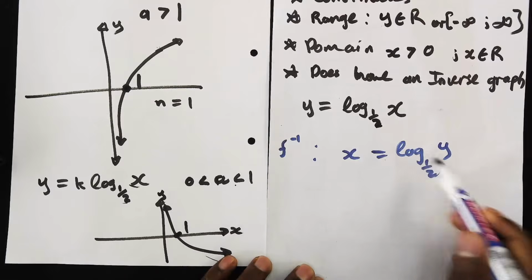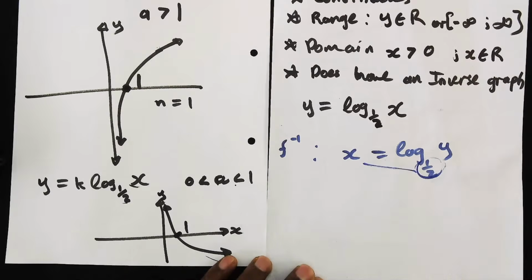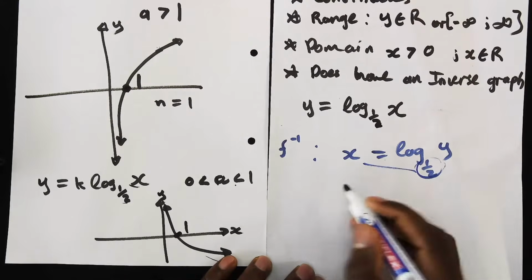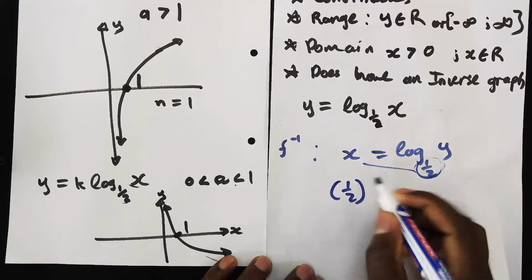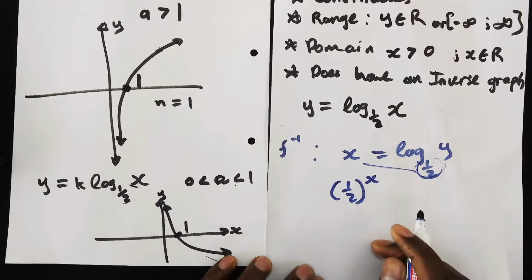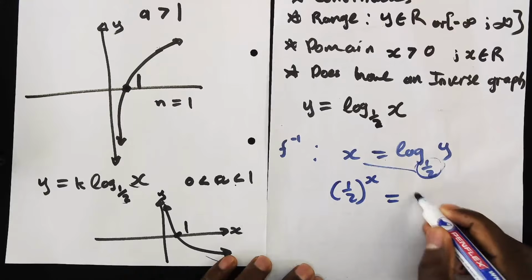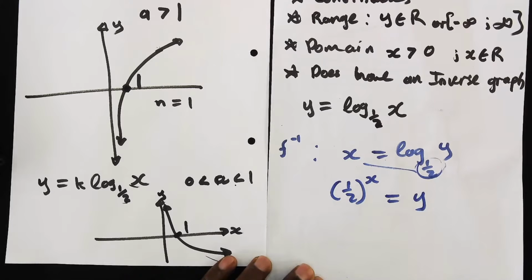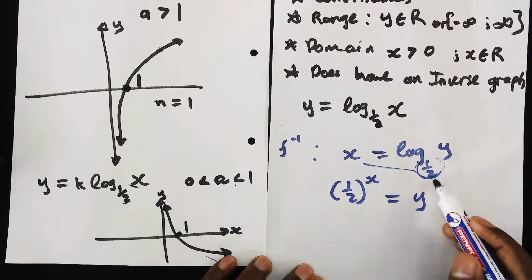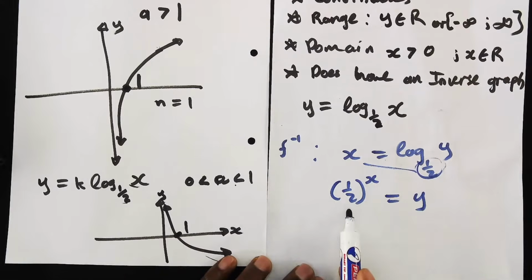So we know that this is the base, and this will be what? The exponent. So we know that half to the power of x equals y. Whatever is the base in the log will be the base in the exponent. So base half carries the exponent x.